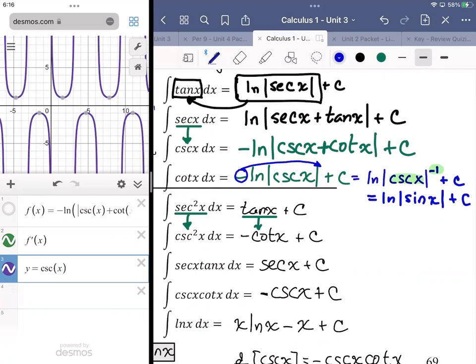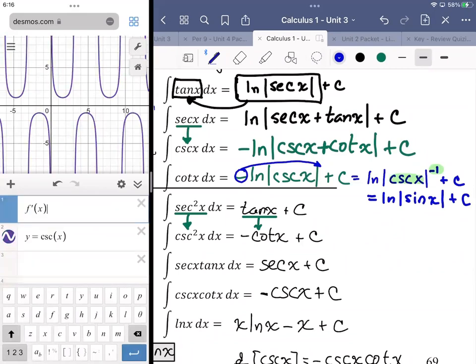So is the derivative of the natural log of the absolute value of the sine of x equivalent to cotangent of x? All right, so I might as well just wipe this out. A little switcherooski here.